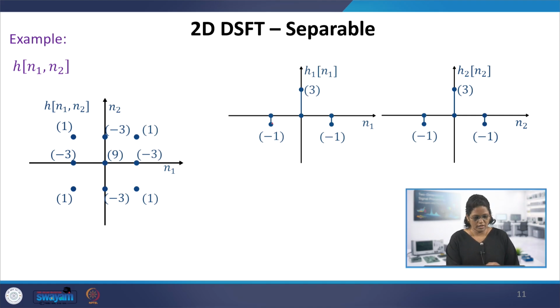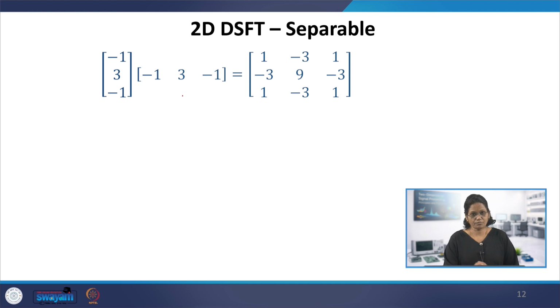We have seen already this square matrix, whose determinant is 0, so it is non-invertible, and there are many solutions for an n cross n matrix. So take the dependent column, here 1 minus 1 3 minus 1, or it can be written as minus 1 3 minus 1 as column and row vectors.